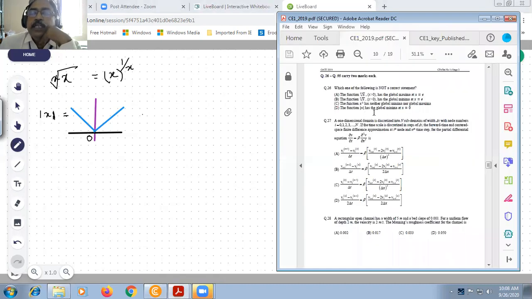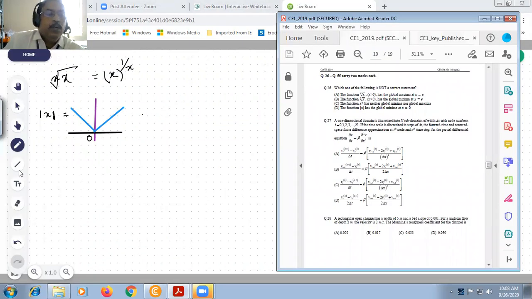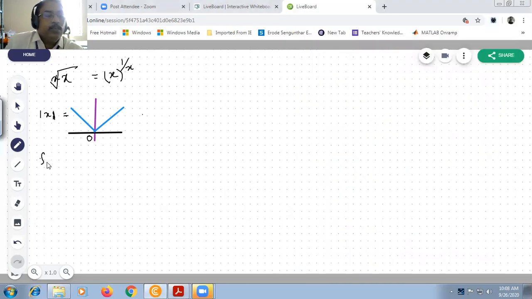We want to know which one of the following is not a correct statement. x cube has neither global maxima nor global minima. What is the curve x cube? We have f of x equal to x cube. f dash is equal to 3x square.